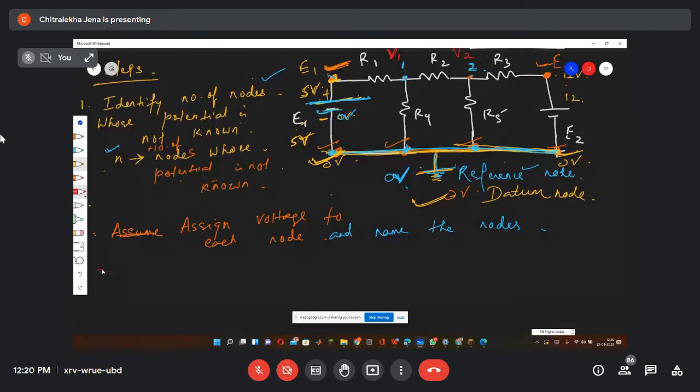The third step is using Kirchhoff's current law. Using KCL, write the node equation.